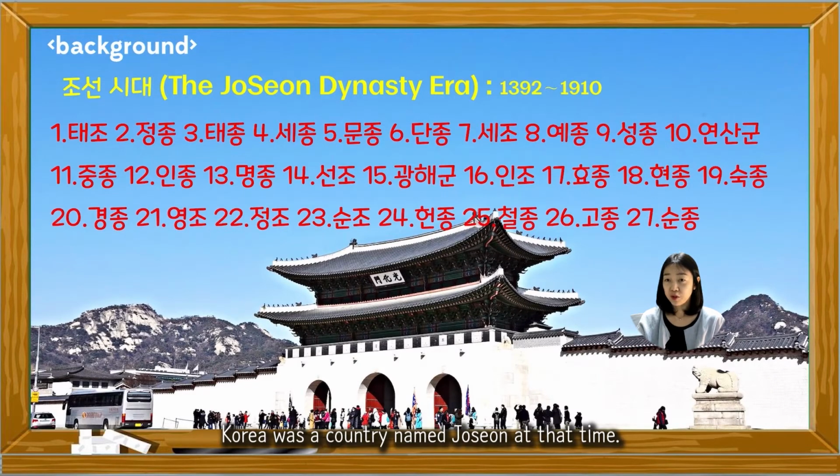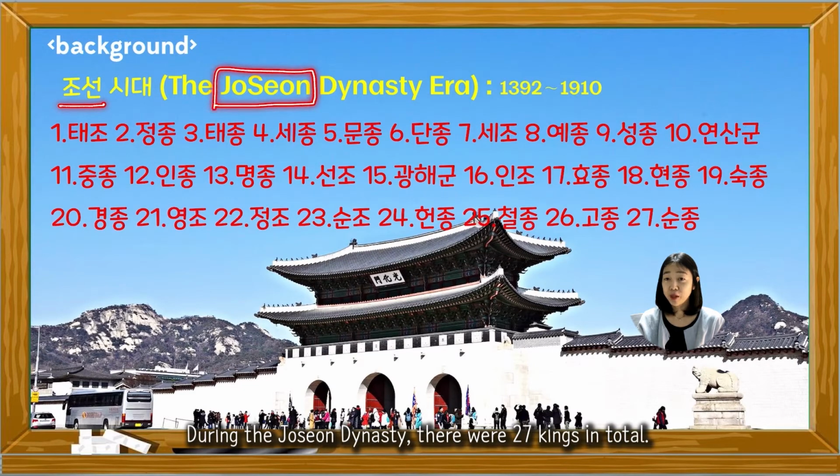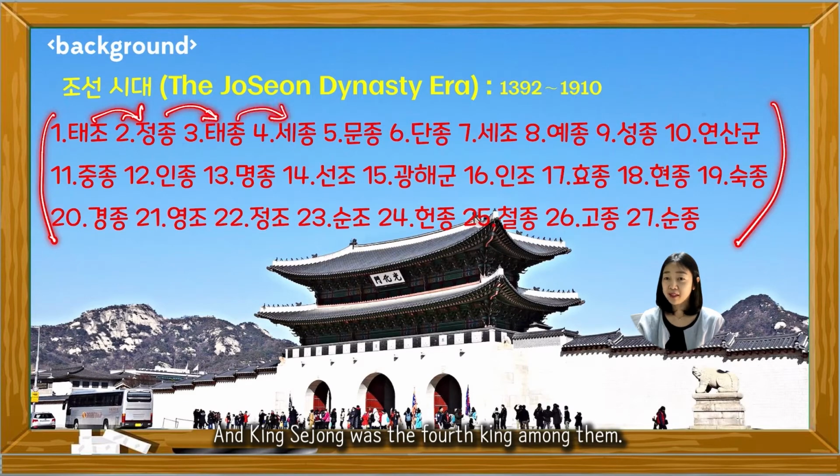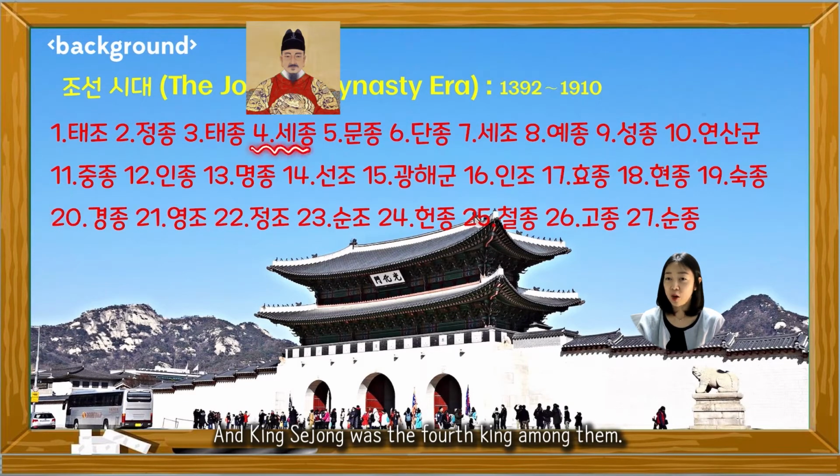Korea was a country named Joseon at that time. During the Joseon dynasty, there were 27 kings in total. This order lists the 27 kings' names of the Joseon dynasty in chronological order, and King Sejong was the fourth king among them.